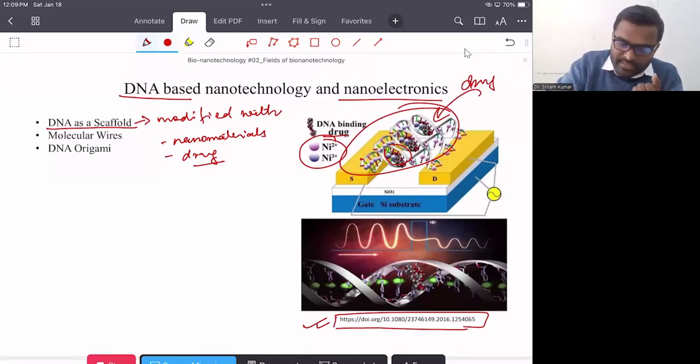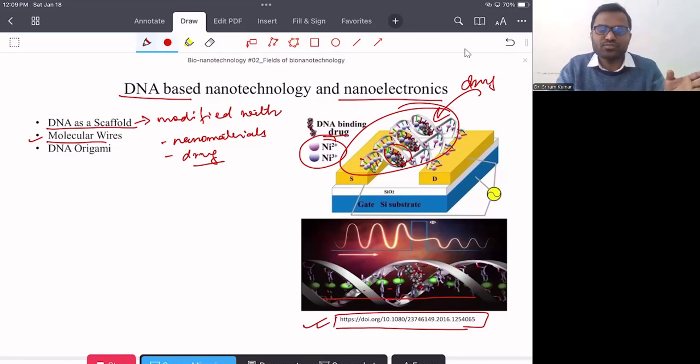And the other thing is that we can use DNA as a molecular wire. So here we have the DNA, and since DNA has the capability to conduct electricity, it can be used as a nanowire in nanoelectronics applications.